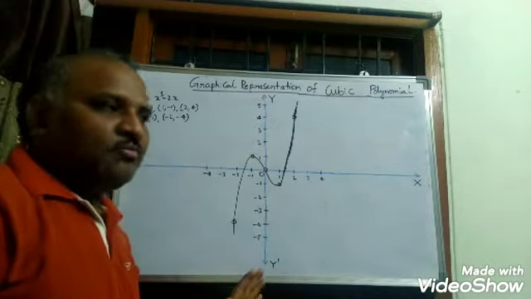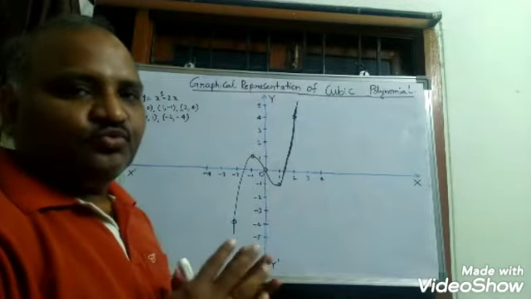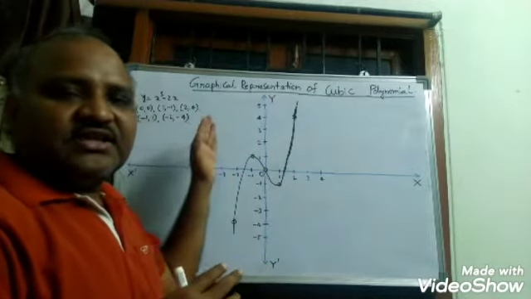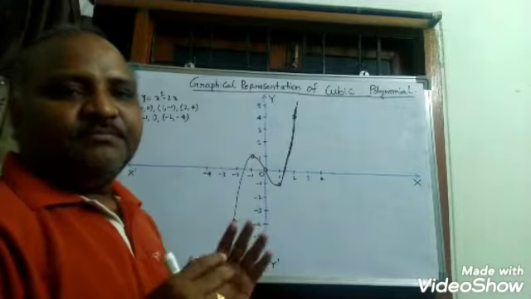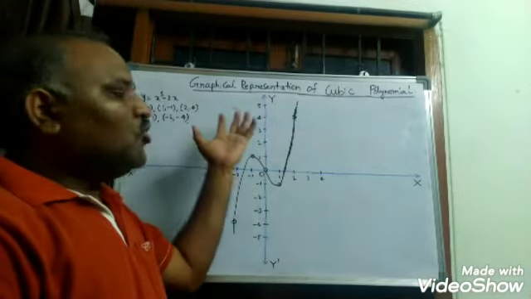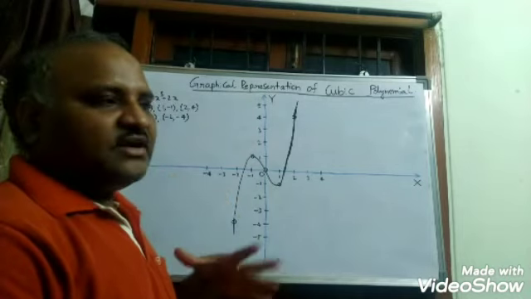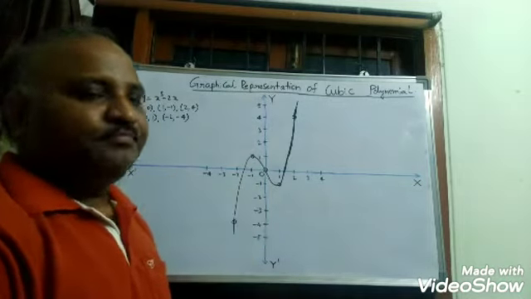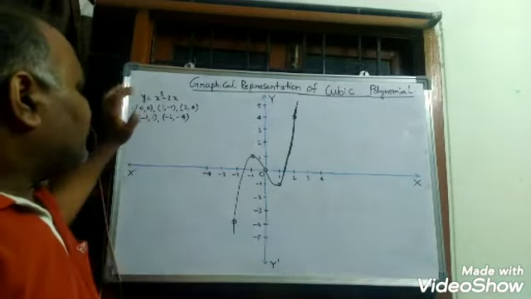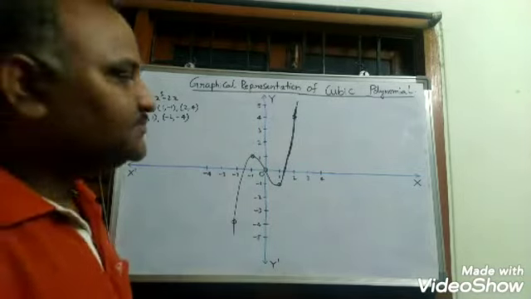In a quadratic polynomial of degree 2, always the shape of the graph will be a parabola. Whether it may be opened upwards or downwards, but compulsorily it will be a parabola. But here always the shape of a cubic polynomial we cannot expect with the same shape.